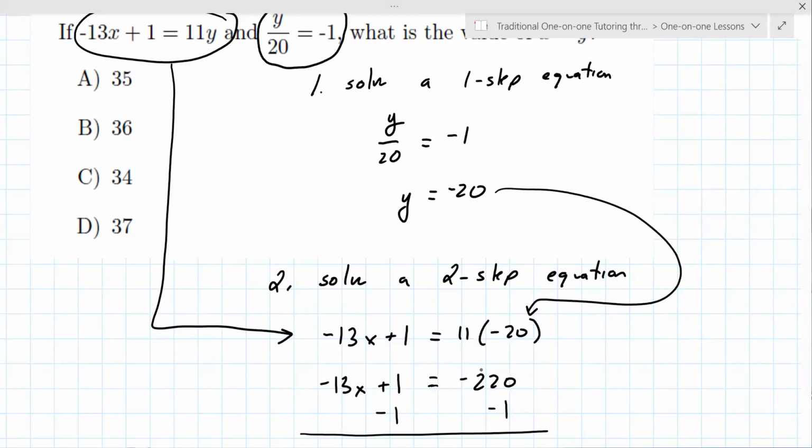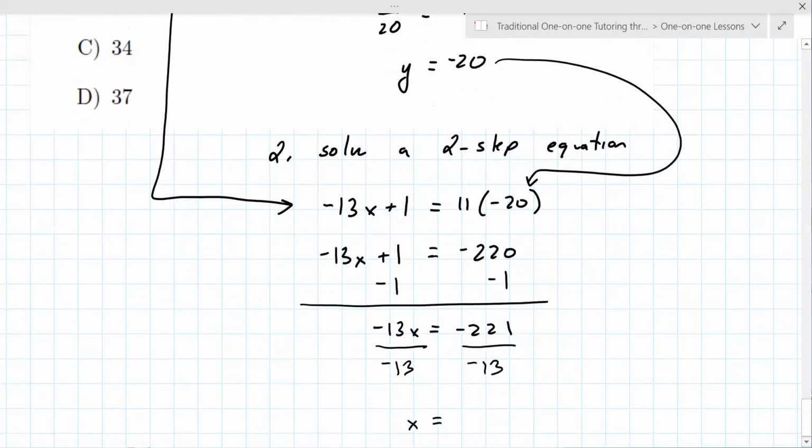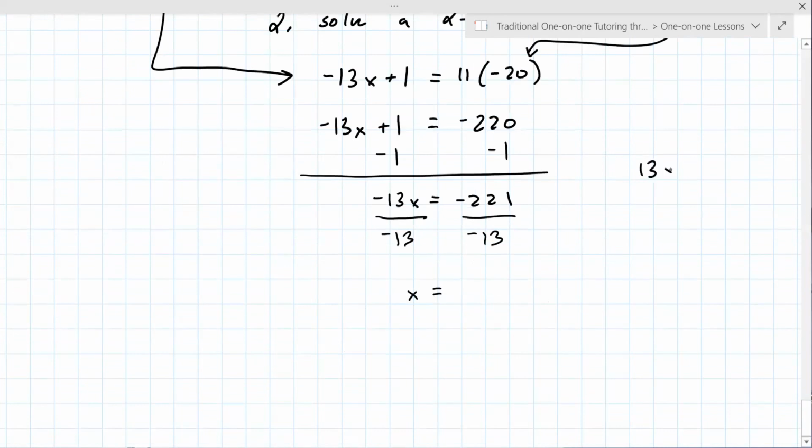Okay. So you subtract 1 from both sides. Do you see that? Mm-hmm. And then you're left with this division. Okay. Now what you should know is 13 times 10 is 130. And that leaves 91 left over. So 13 times, and you got to guess here, but 7 times 3 gets you the 21.